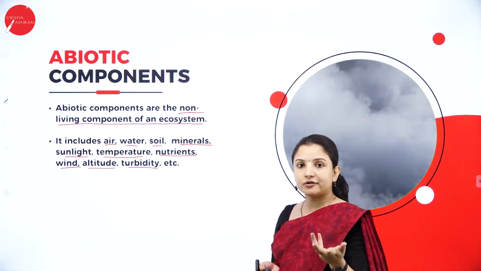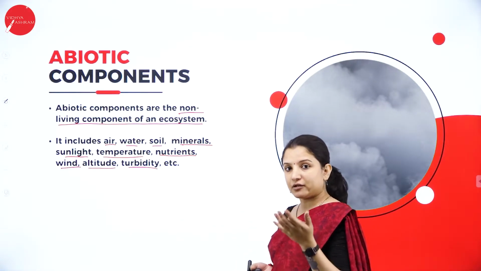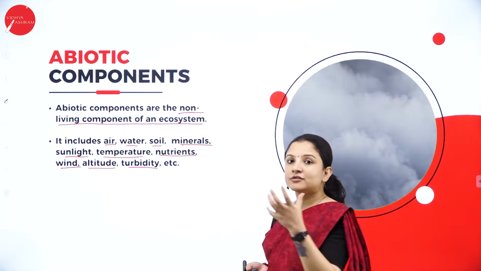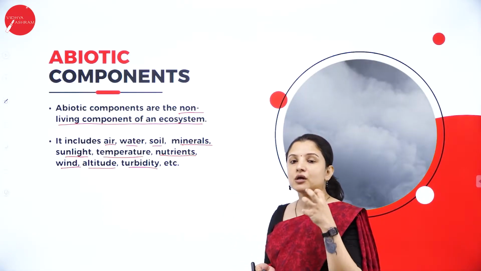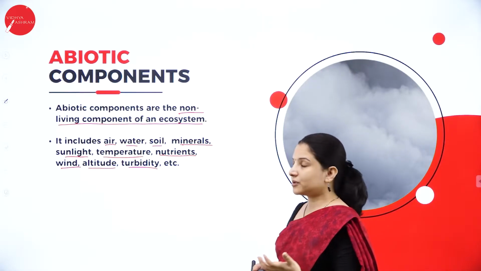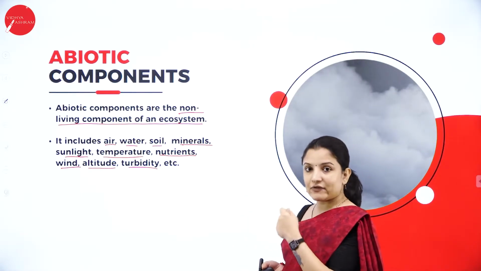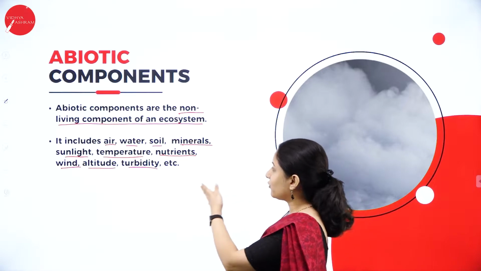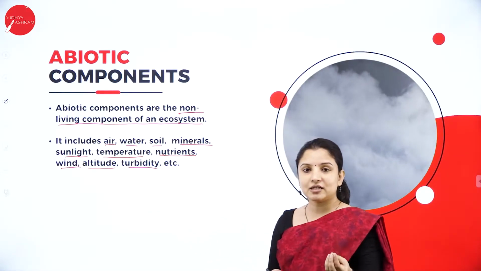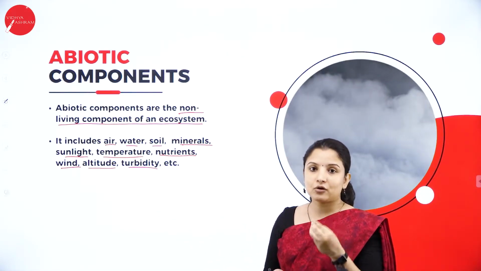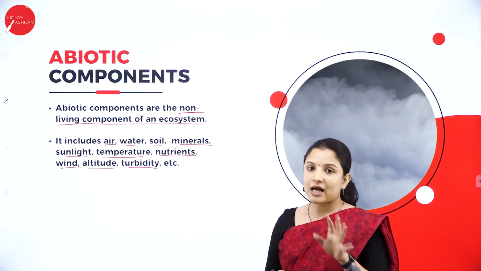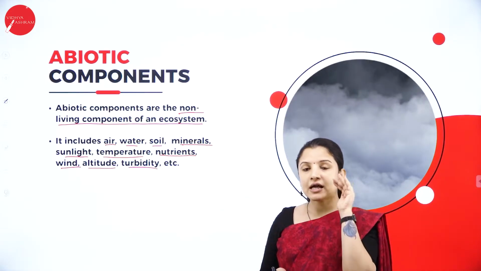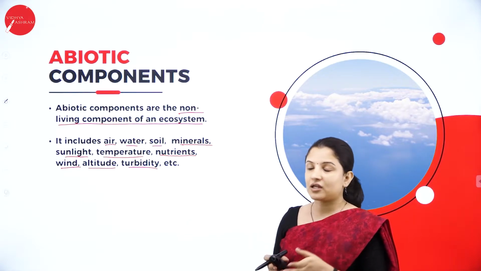Water is also needed for the proper growth and development of the plant, as well as soil. Soil is needed in order to provide nutrients to the plant, and minerals are also very important for the plants. Likewise, there is sunlight. Plants cannot photosynthesize in the absence of sunlight. So air and sunlight together are very important.